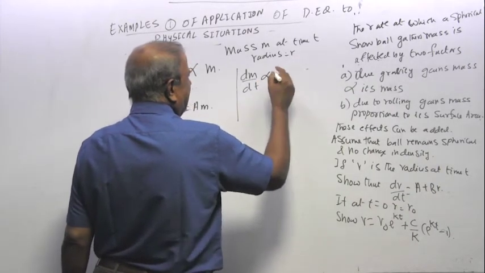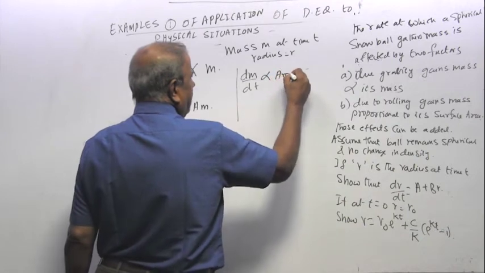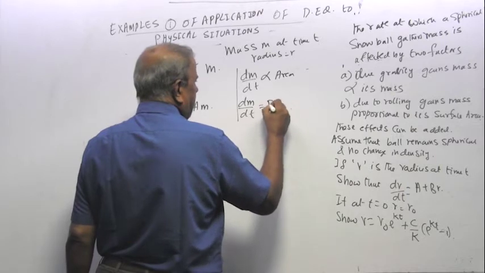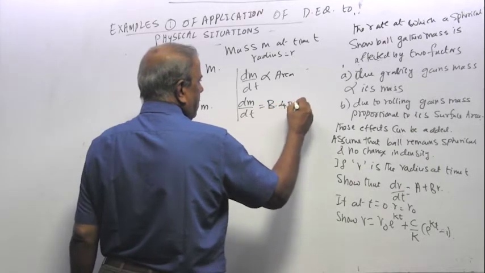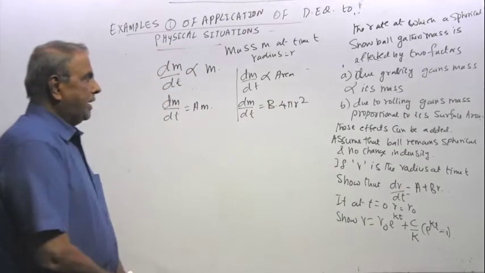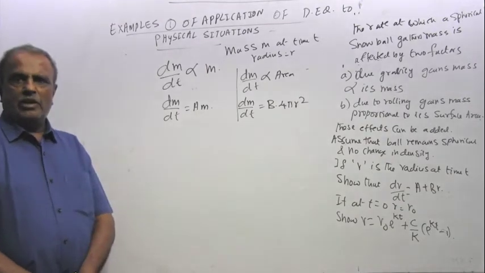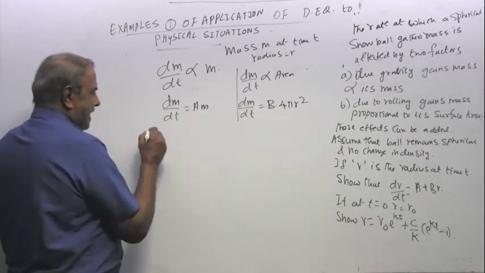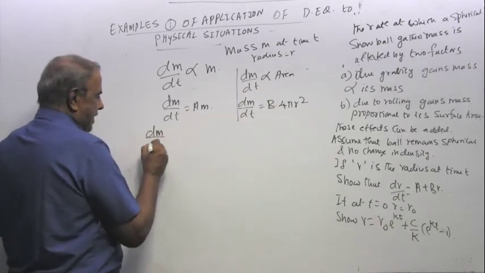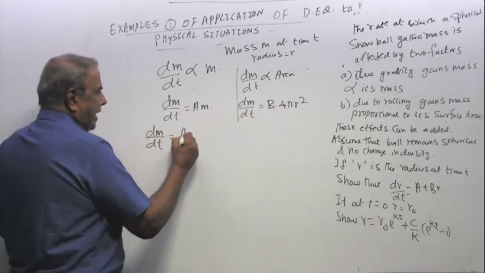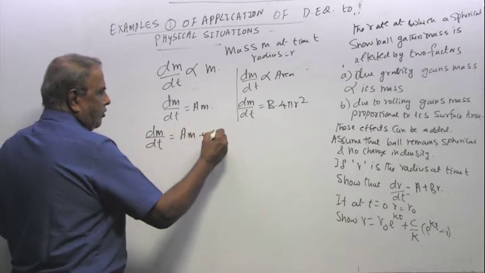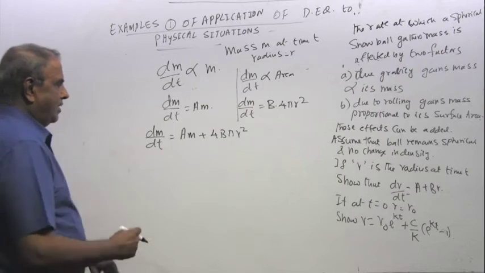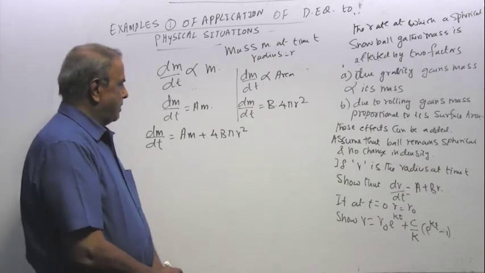So dm by dt is equal to b times 4 pi r square. Why? Surface area of a sphere is 4 pi r square. The effects can be added. So dm by dt equal to am plus 4b pi r square. Where the hell am I going to get A plus br from?